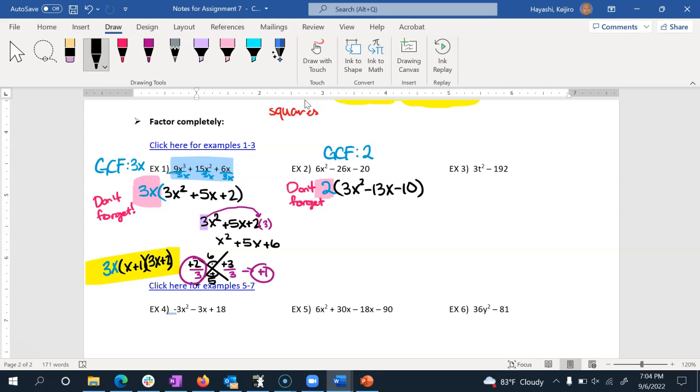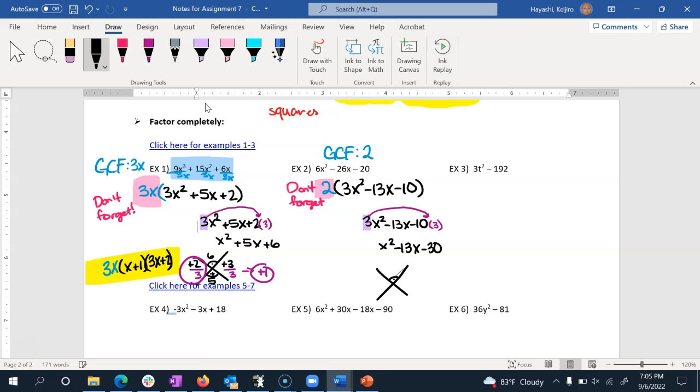But we're just going to focus on the trinomial for now. So for 3x squared minus 13x minus 10, we're going to take that 3 and slide it to the back. That's going to give us the slightly simpler polynomial x squared minus 13x minus 30.